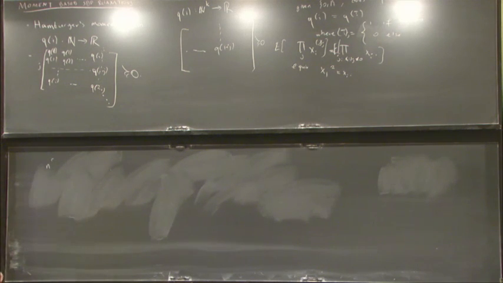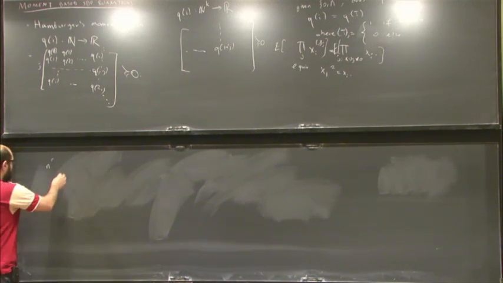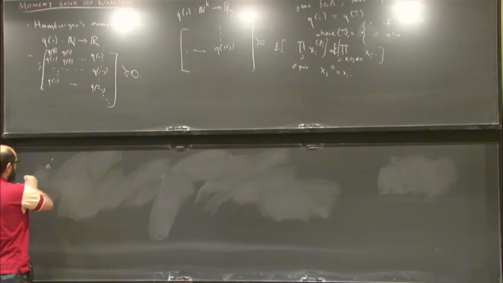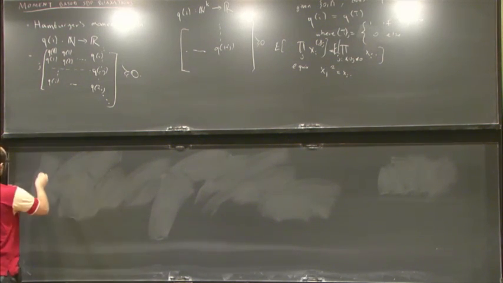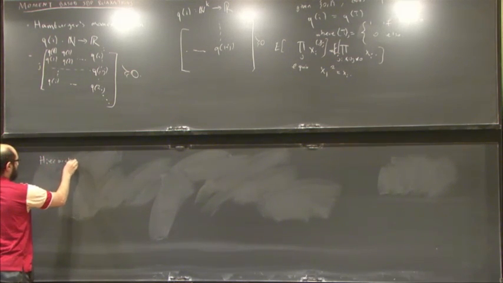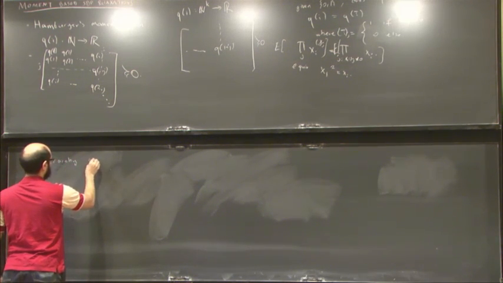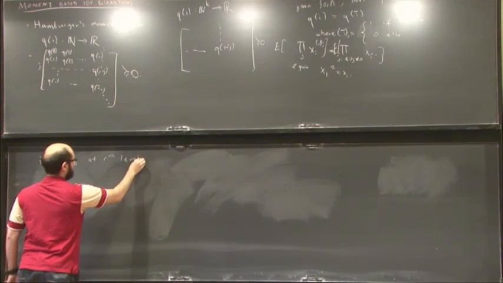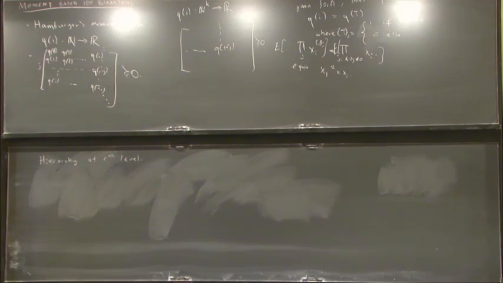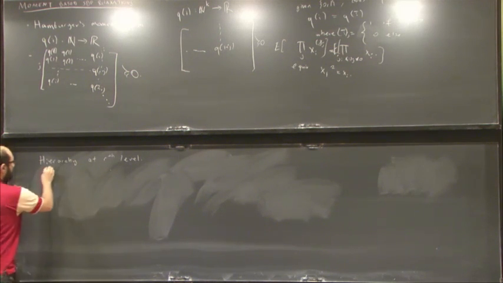Forgive me, I need to change the set of variables with n instead of k. So basically, we can write a hierarchy whose r-th level corresponds to the following relaxation.